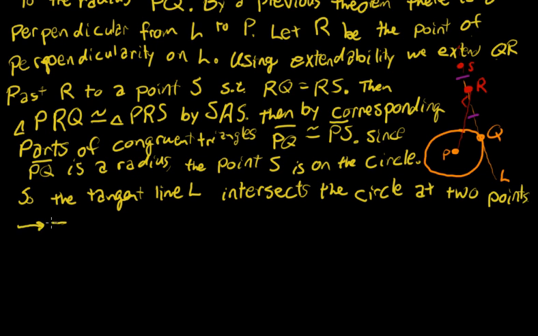But this is a contradiction because earlier we claimed that by definition of a tangent line, it could only intersect the circle at 1 point.